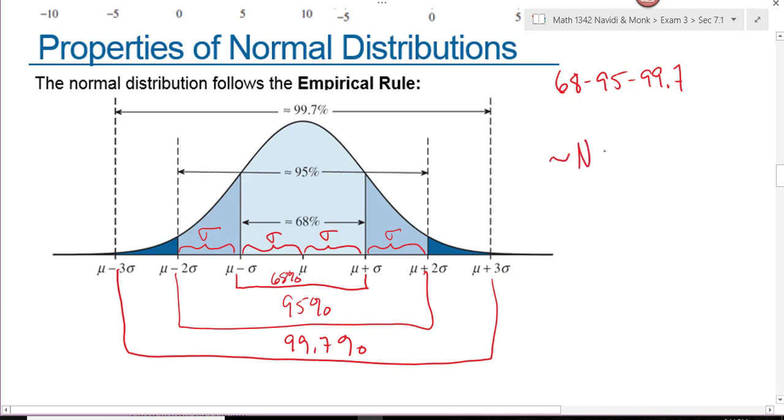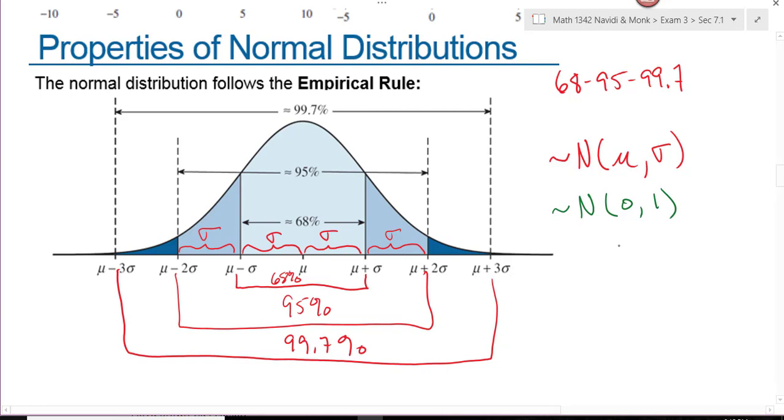Now the notation that I use to describe or define a normal distribution is this tilde right here means that we have a distribution. Capital N means that it's a normal distribution. And then I tell you what the mean and the standard deviation of that distribution are. For a standard normal distribution, the mean will always be 0 and the standard deviation is 1.